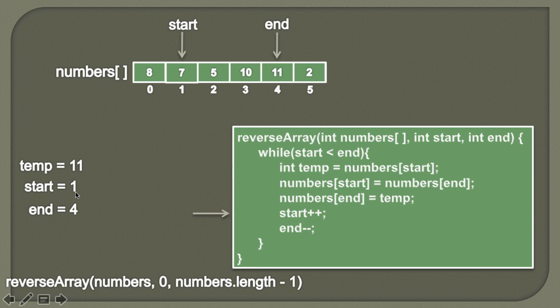So the value of start is 1, now it becomes 2, and now start will point to the index 2. Moving ahead, and we'll simply decrement the end by 1. Currently the value of end is 4, so it will become 3, and now end will point to the index 3.